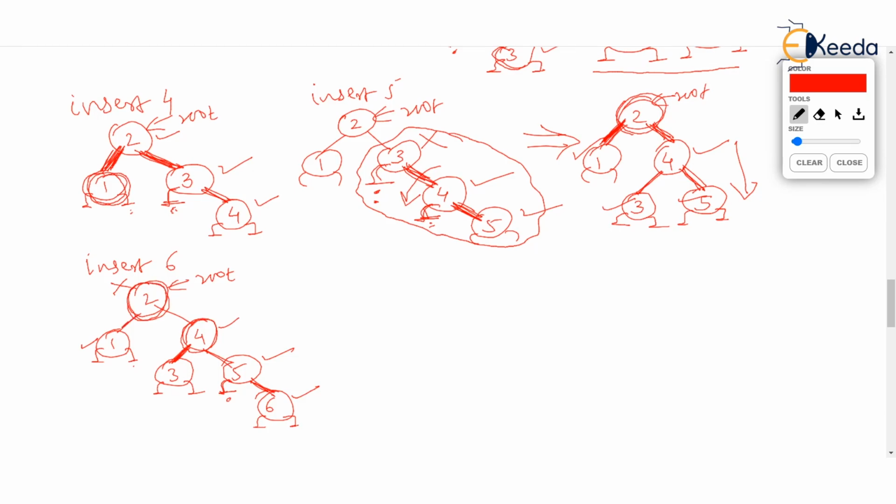What is the left height of 2? Just 1. 1 level to the left. But to the right, right of 2 has 3 levels. Just see, there are 3 levels to the right, isn't it? Yes? Are you understanding? 3 levels to the right. So 2 is not balanced.